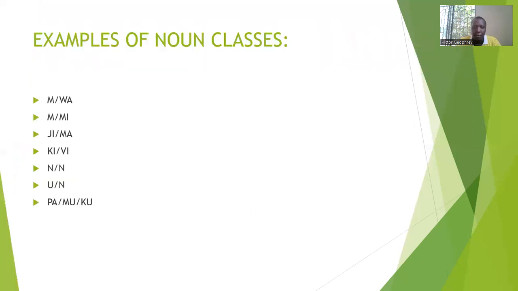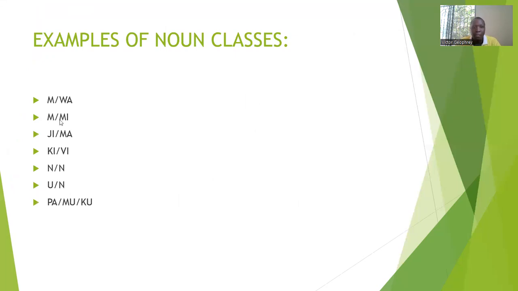Now let's see examples of the noun classes that we're going to discuss today. We have one noun class that we are going to discuss more about today. The one noun class means the noun starts with M in singular and starts with wa in plural.